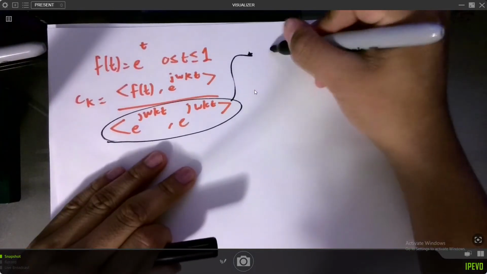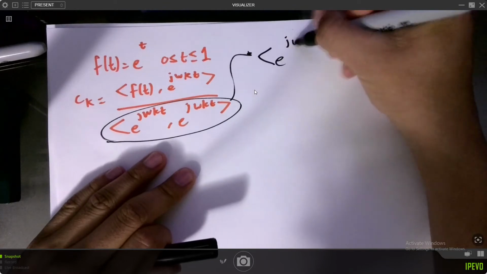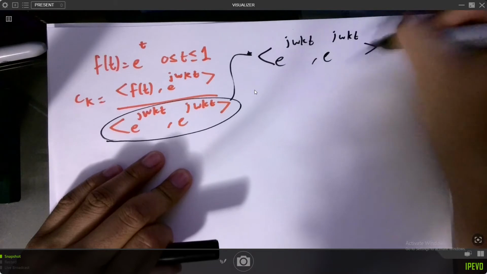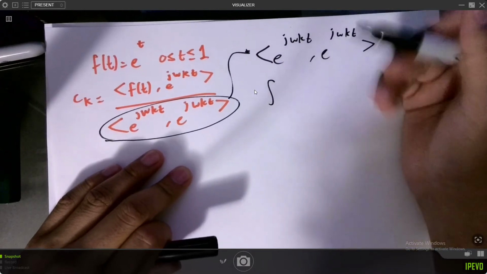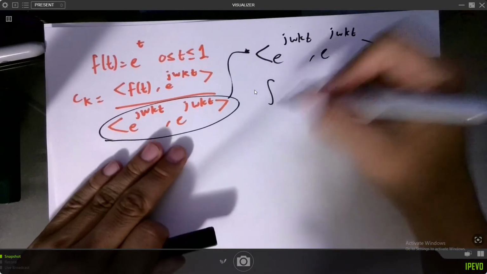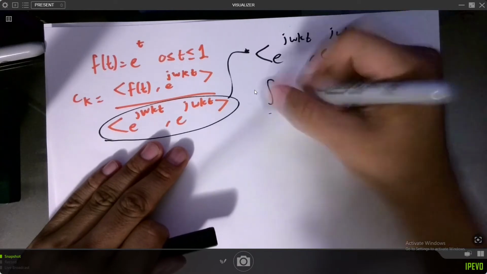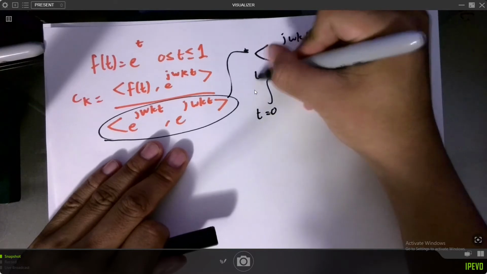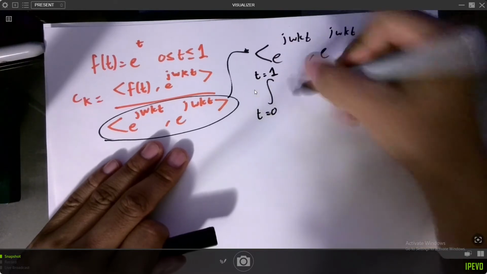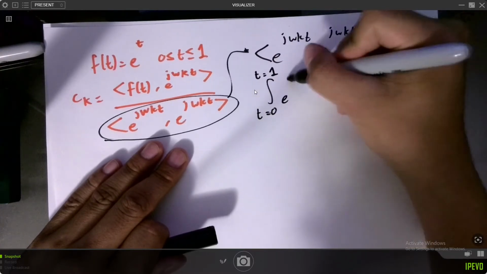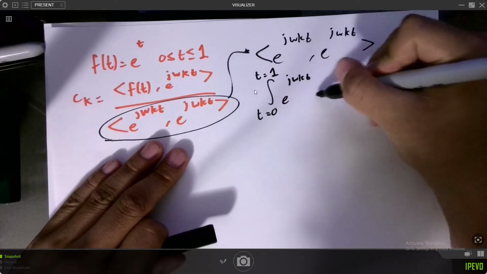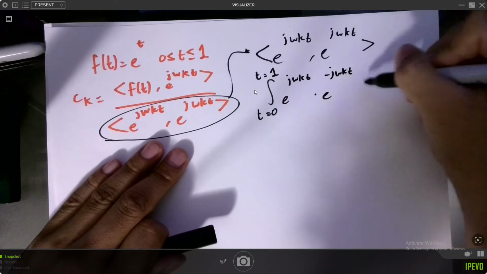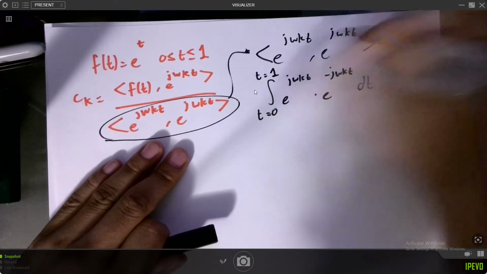I'm assuming you probably don't know what's going on, so we're going to show as many steps as we can. From t equals 0 to t equals 1 of e to the j omega kt times e to the minus j omega kt dt, because we're integrating with time.